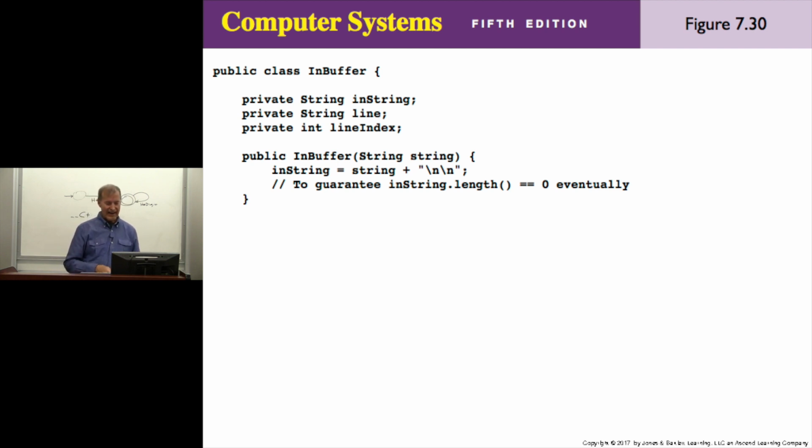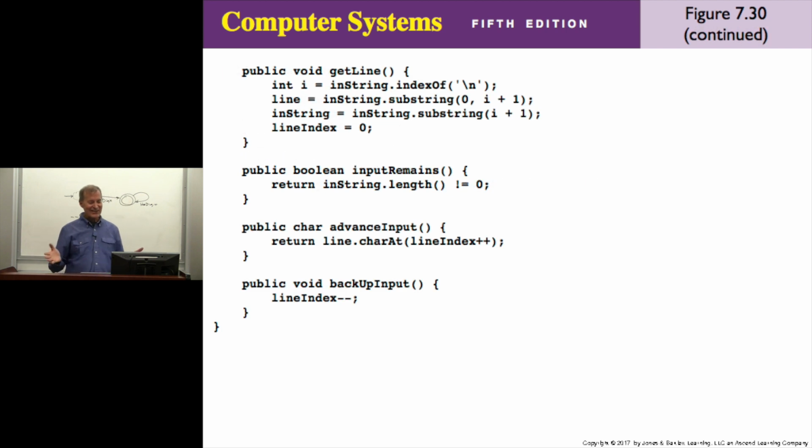All right. And now look, you guys, here's the code. Look how simple this is. First of all, we have a method called getLine. Now let's take a look at this code and see if we can unravel it and see what getLine does. Public void getLine. So if the program calls getLine, what does this getLine do? It says what? Index i gets what? What does it say there?